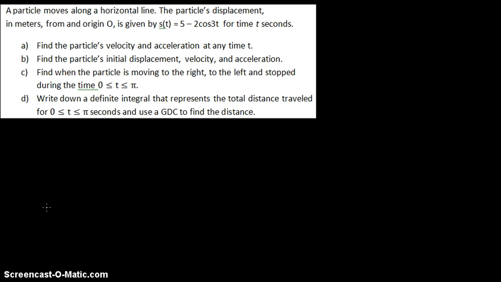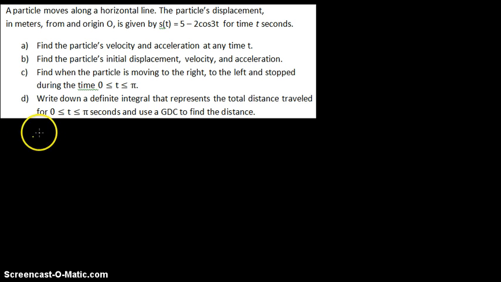So now we have a particle moving in a straight line, a horizontal line, and the displacement is in meters. The displacement function s of t is 5 minus 2 cosine 3t, where t is in seconds. For part A, they want us to find the particle's velocity and acceleration.